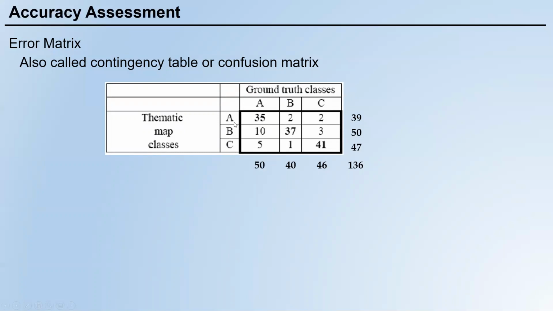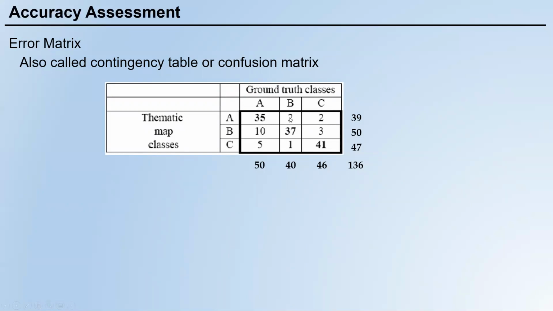Okay, so what's the meaning for each row? Let's explain each row here. For row A, 35 pixels of class A actually belong to class A in the real world. So these 35 pixels are good. 2 pixels in your classified image belong to class A, but that is not correct.